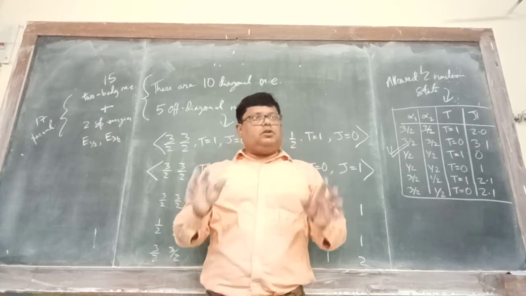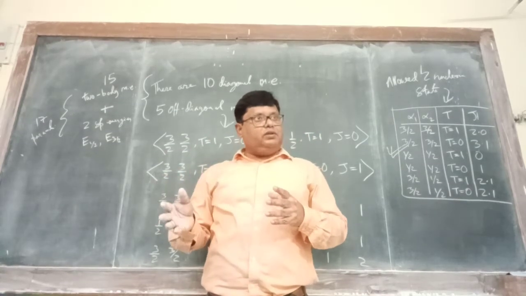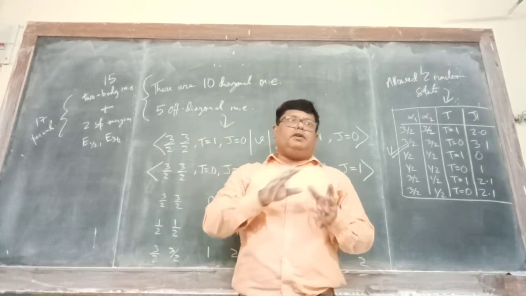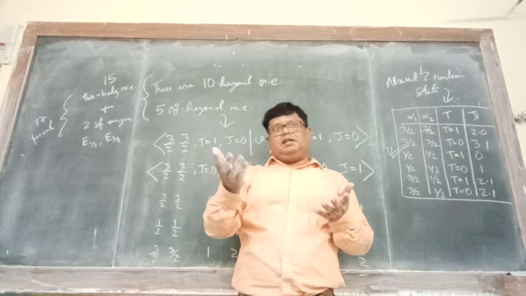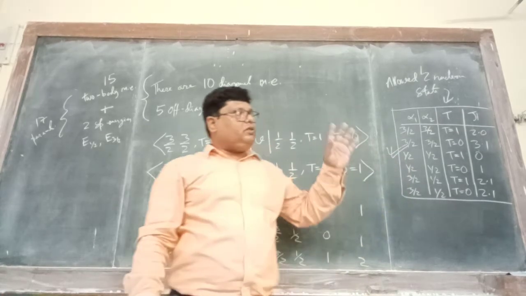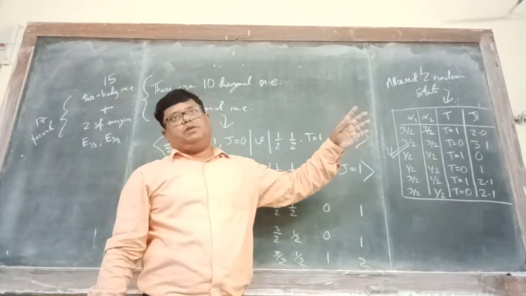Now I am not going to talk about how these are determined right now, maybe in some other class. So today I have shown you various examples. In the last class I talked about the general shell model procedure. Today I have shown you the various examples, various treatments.